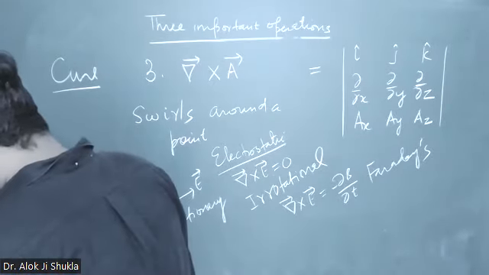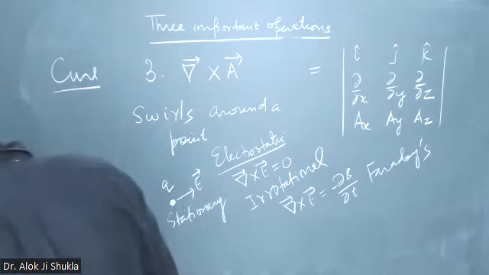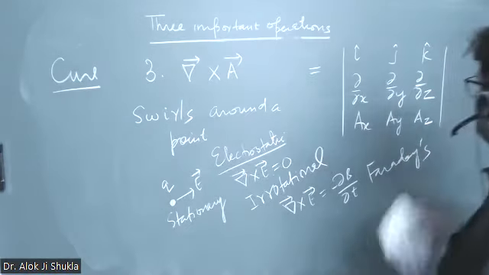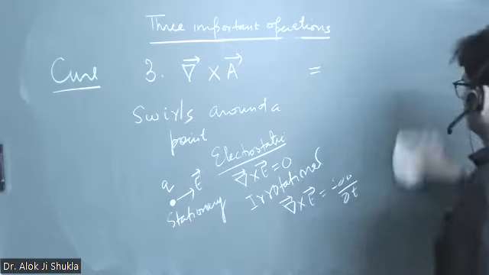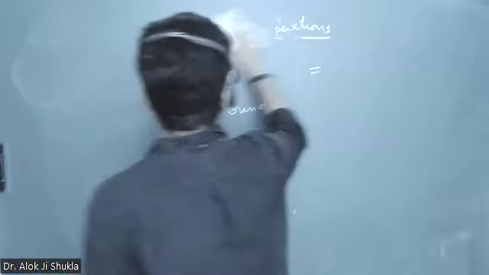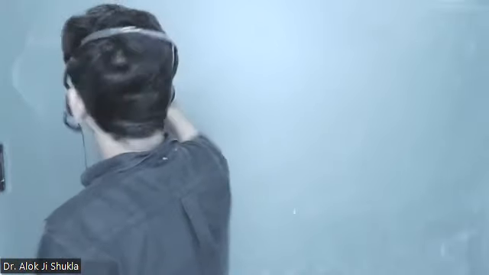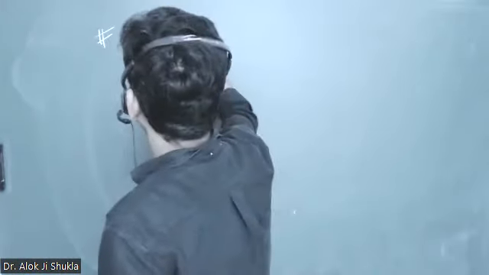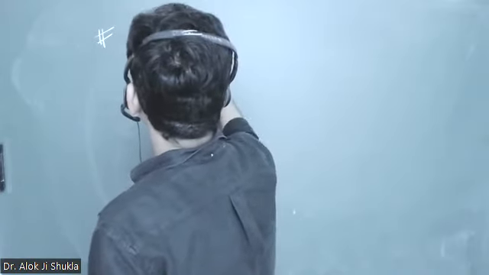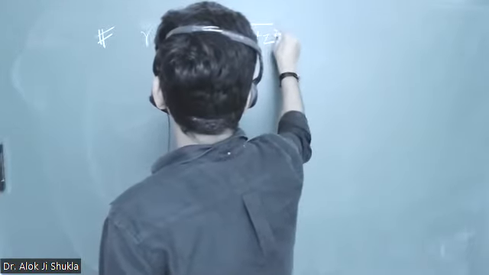Let us see that. The first one is, if a vector r is given, if just r is given, mod of r is under root of x square plus y square plus z square.